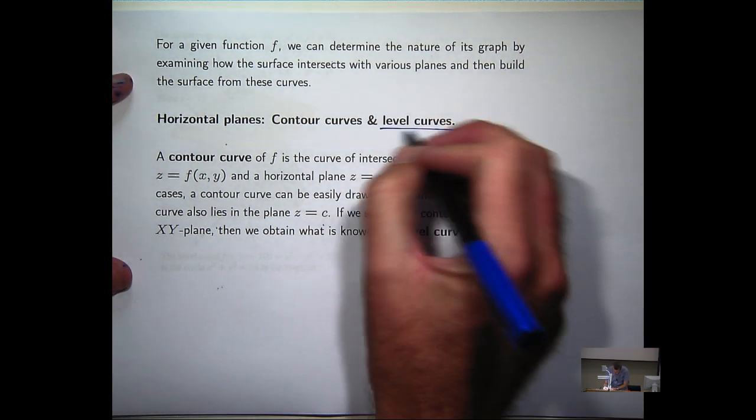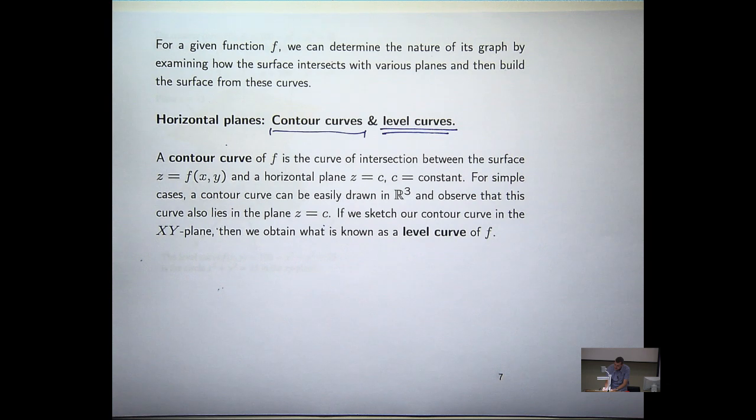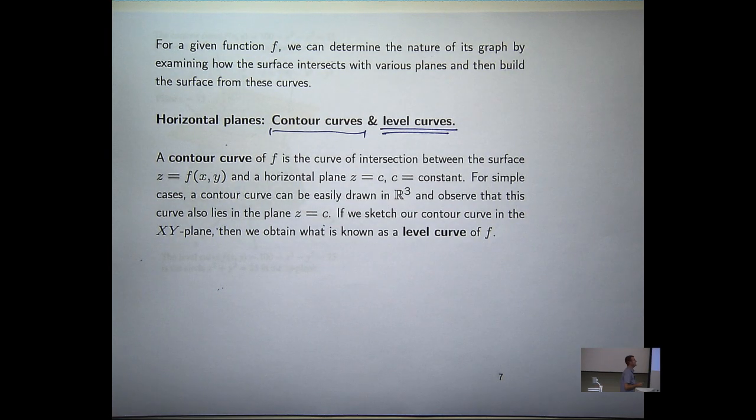I've already defined what I mean by a level curve. A contour curve is essentially the same thing, but it's not necessarily drawn in the xy plane. Now, I've got a good picture in a minute to really show you the difference between the two. So geometrically, a contour curve is just the intersection of a horizontal plane and a surface.